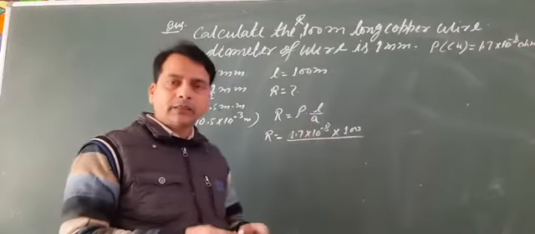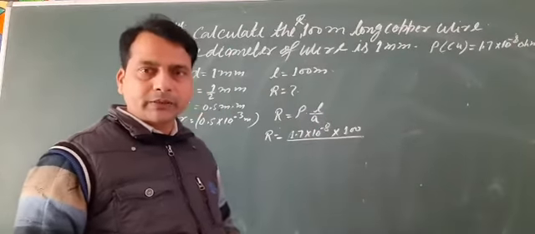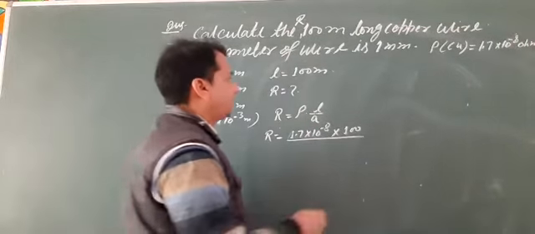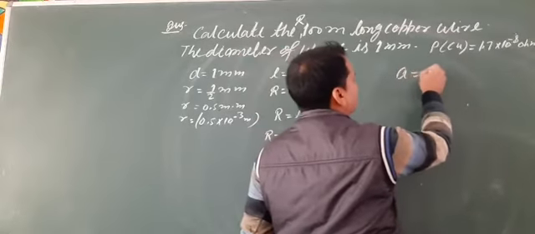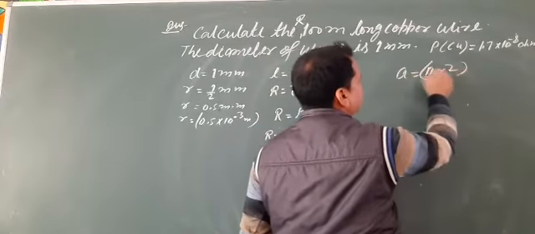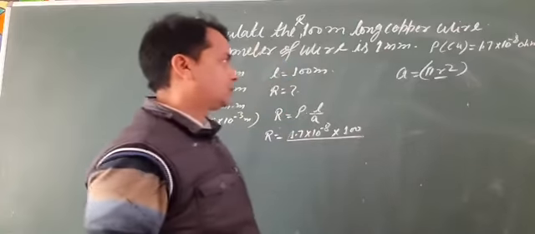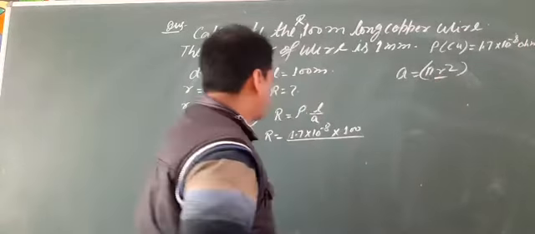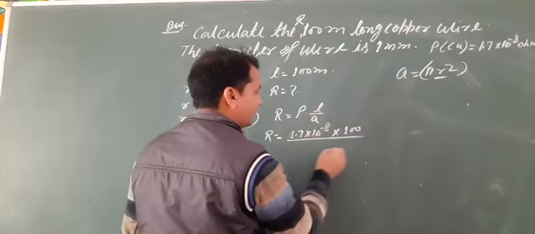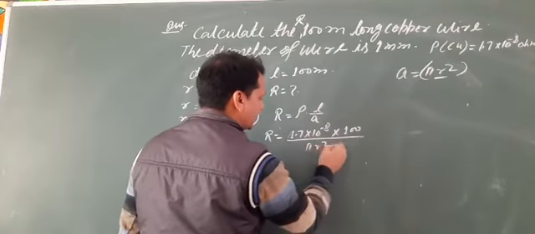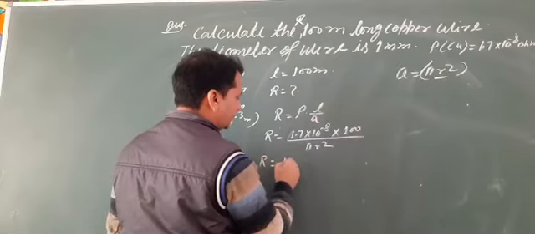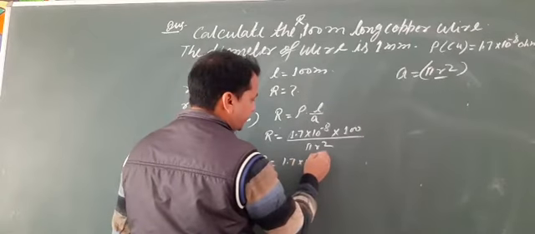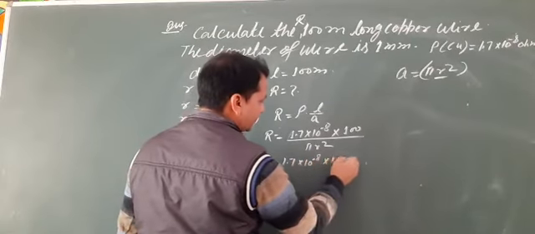So we know the formula for the area of cross section is A equal to pi r square. Then in the place of A equal to pi r square, R equal to 1.7 into 10 to power minus 8 into 100.